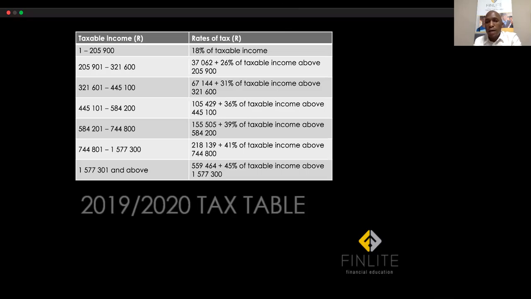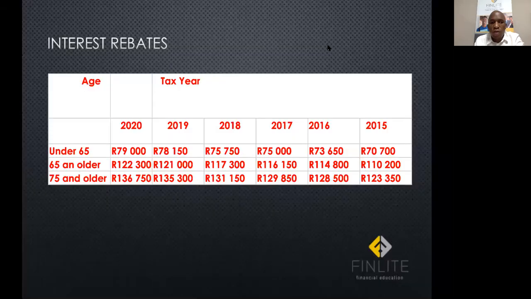Let's look at the rebates that we were talking about. Rebates, like I mentioned, are almost like a refund, or a discount on your taxes based on your age as a citizen.